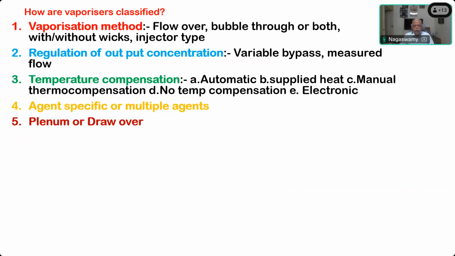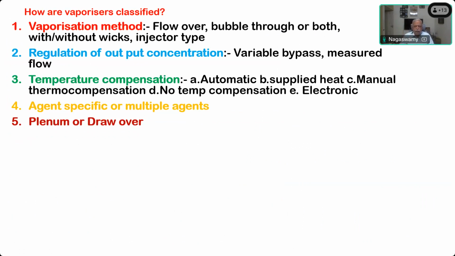Those which are being drawn into the vaporizing chamber by the patient's own inspiratory effort, that is called the draw over vaporizer. Okay. So the boil bottle can be both plenum and draw over.